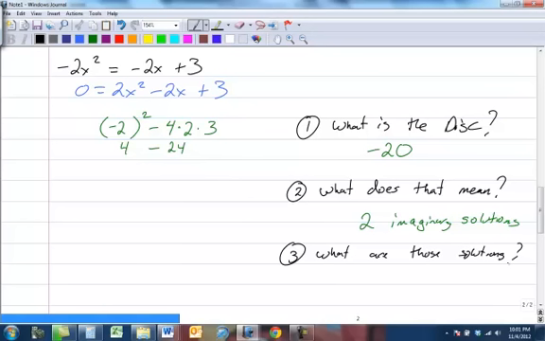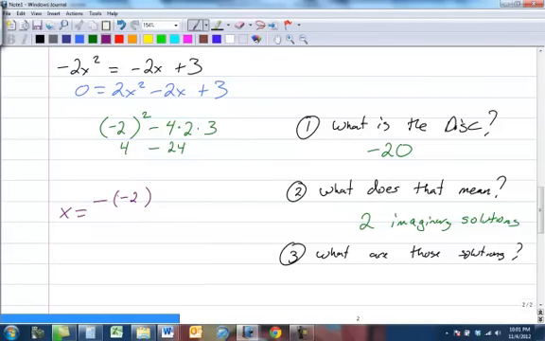Well, this is where we run the quadratic formula. So x is equal to the opposite of b. Remember, I always put parentheses around b, and it's for this reason. Notice I keep saying the opposite of b. I don't say negative b, because in this case, b already is negative 2. So when I say the opposite, that's eventually going to become positive.